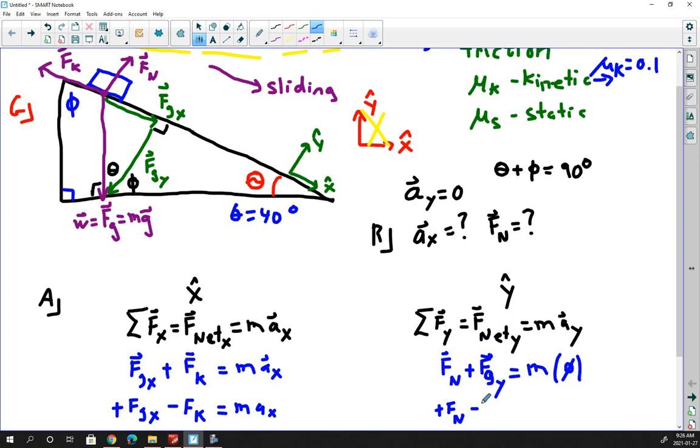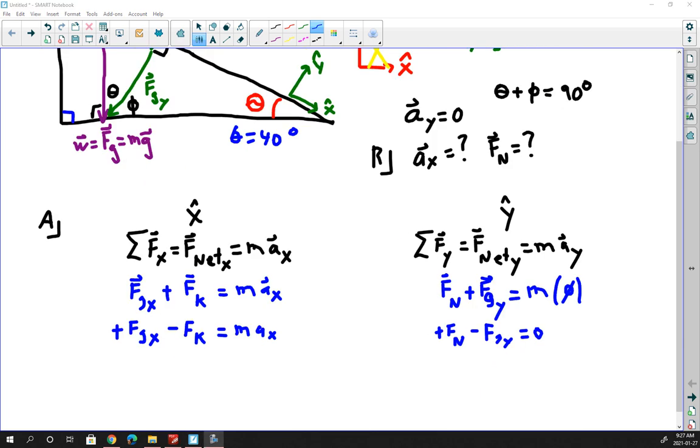And force of gravity y component, look at it. It's down towards the negative y hat direction. So negative force of gravity y component is equal to 0. So let's continue on to the next line here. Positive force of gravity x component minus mu k times the normal force.